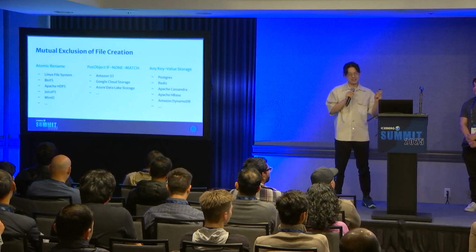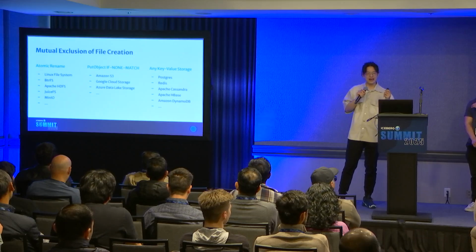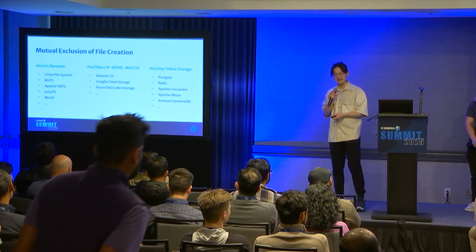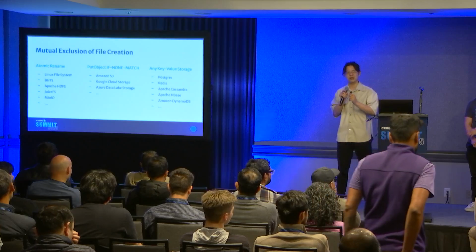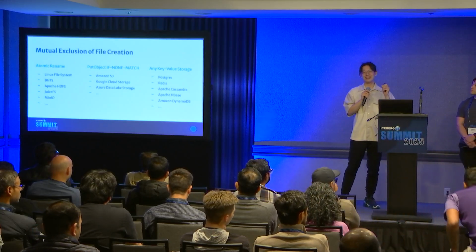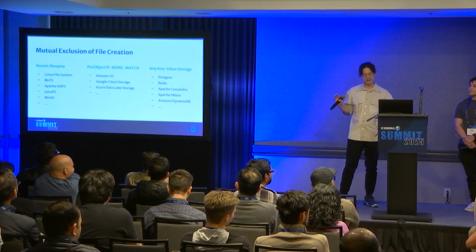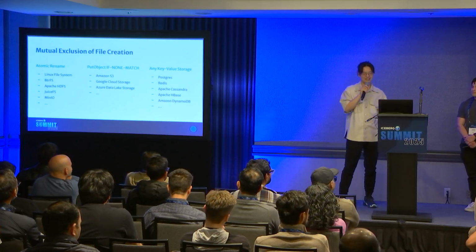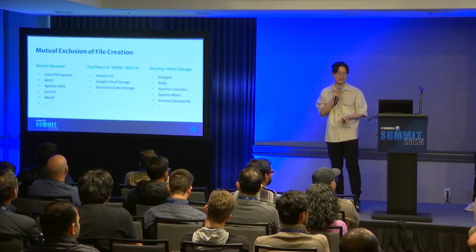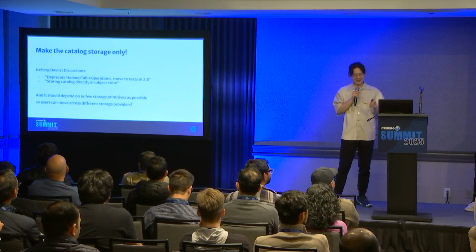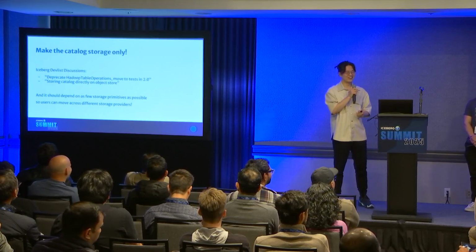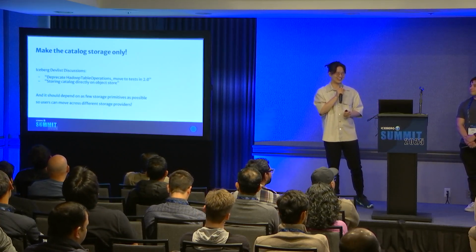And even further, if you think about any other key-value storage, you can treat that as a file system by using the key as the file path and the value as a blob. And that opens you to all sorts of storage systems like Postgres, Redis, Cassandra, HBase, and DynamoDB, right? So it would be cool, I felt, to do a catalog storage-only solution, right?